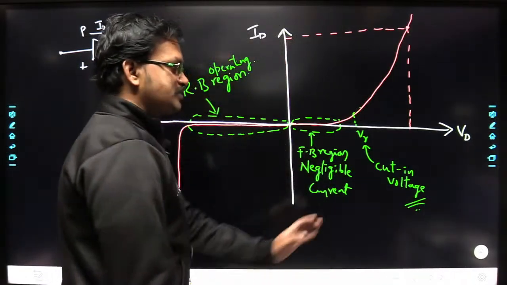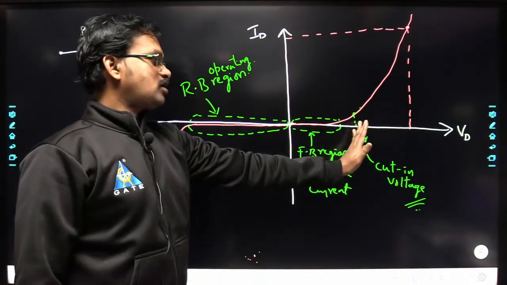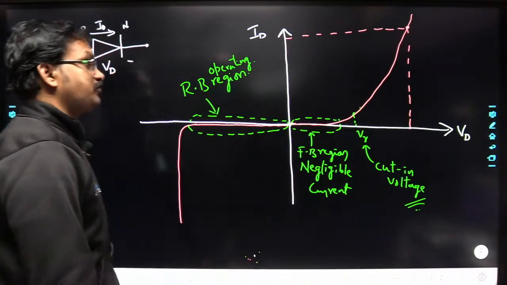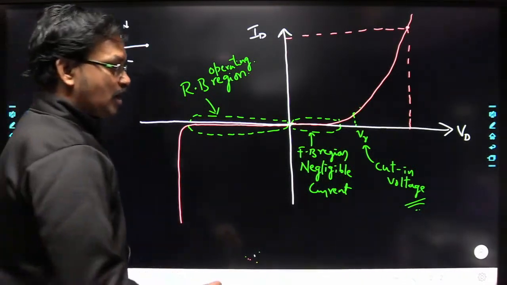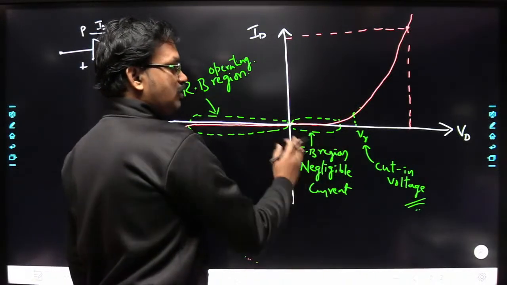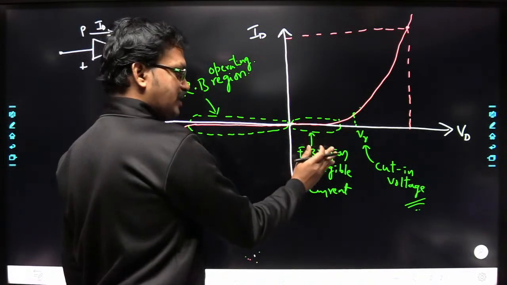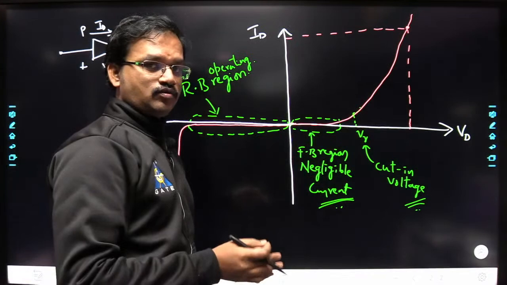Once the voltage drop VD across the diode crosses this cut-in voltage, only then will a significant amount of current flow through the diode. Below this cut-in voltage, even if the diode is operating in the forward bias region, it has a negligible amount of current, almost equal to 0.